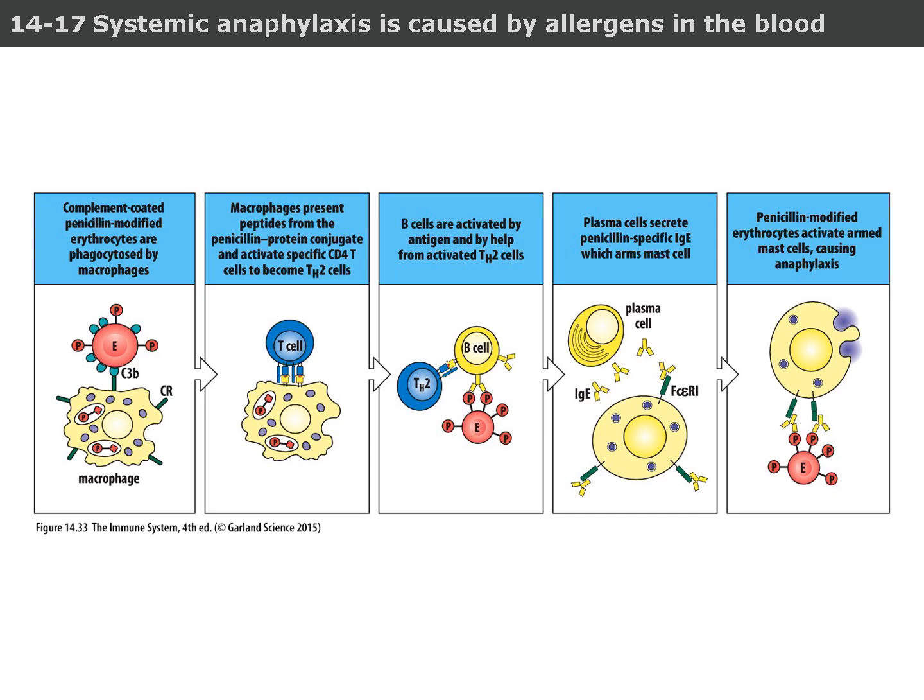These B cells differentiate into plasma cells that secrete penicillin-specific IgE antibodies. The IgE binds to FcεRI receptors on mast cells, sensitizing them. When penicillin-modified erythrocytes encounter these armed mast cells again, it triggers degranulation, leading to anaphylaxis.